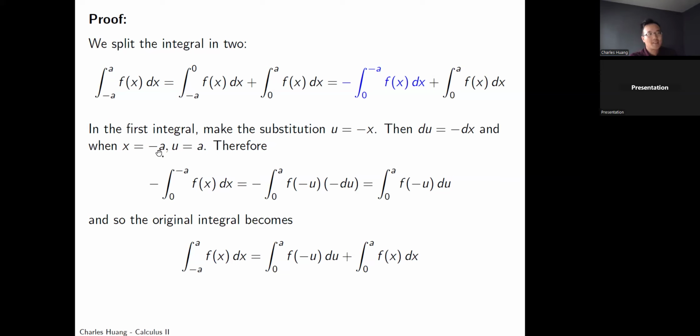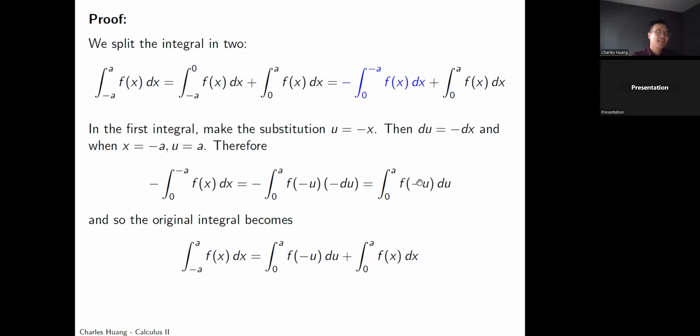Because when x is equal to negative a, and if I do u is equal to negative x, I put negative a inside, that gives me negative of negative a, so here that becomes positive a. And so I did a substitution to get the same limit, as 0 to a. It's almost the same integral, it differs by a negative sign, right?